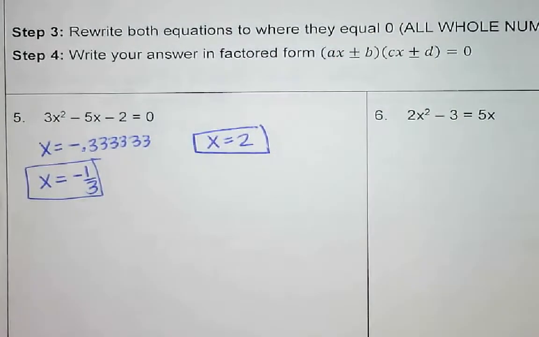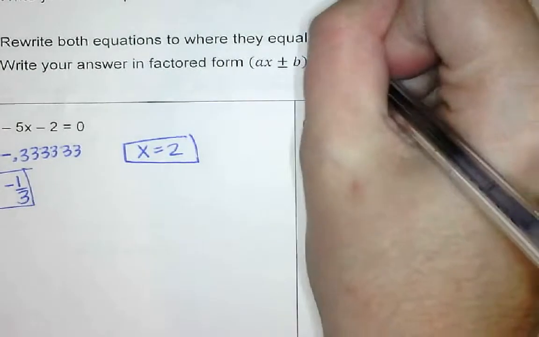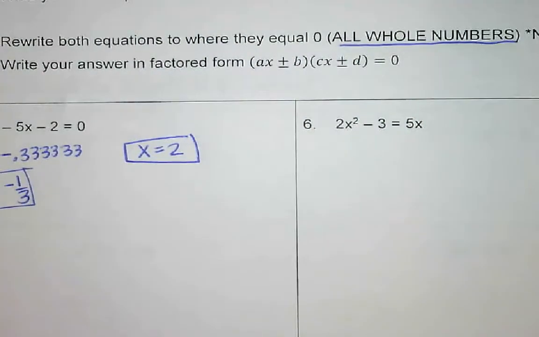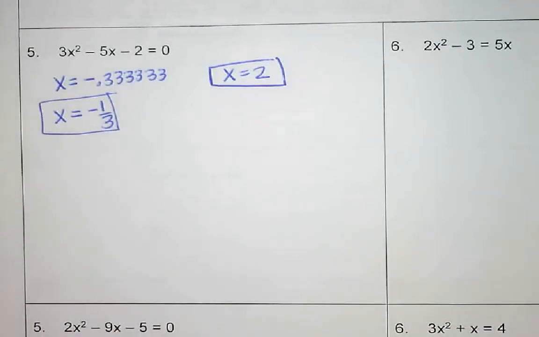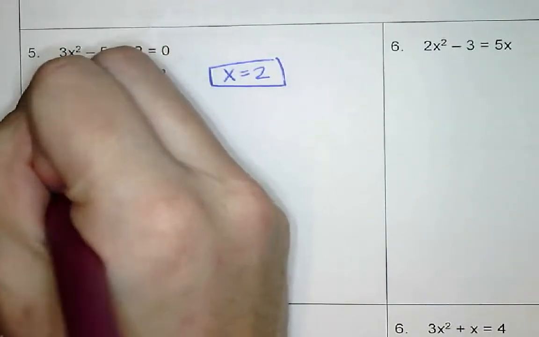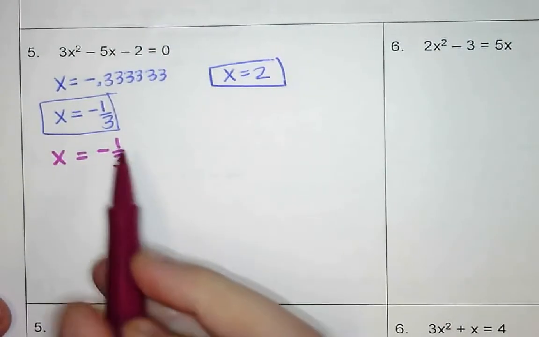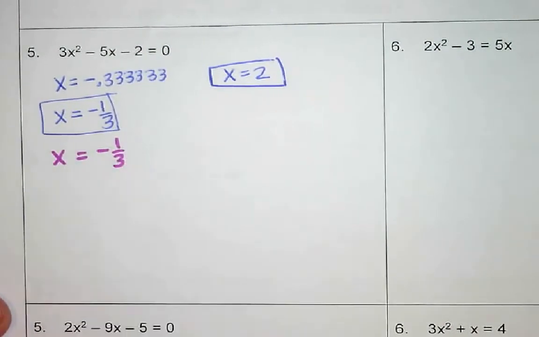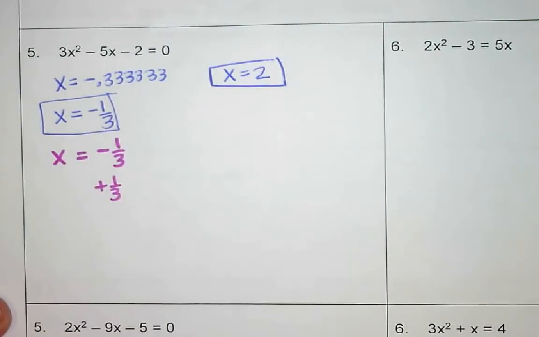So how would I get this equal to 0? What do I need to do? I'm going to add 1/3, because that's going to cancel this out. But if I add 1/3 to the left, I have to add 1/3 to the right. So now I have x plus 1/3 equals 0. Now I want to make sure I don't have any fractions.